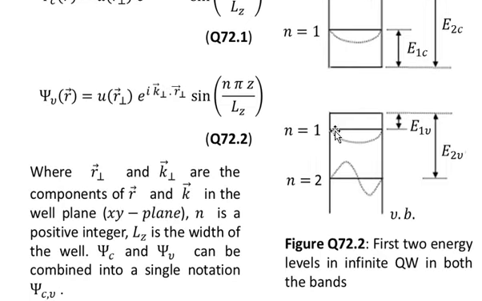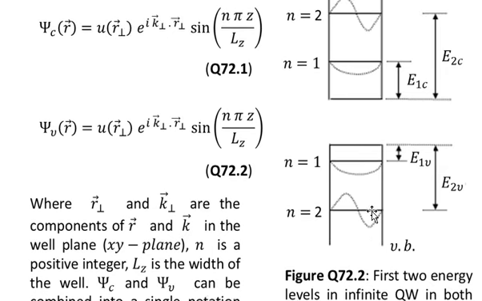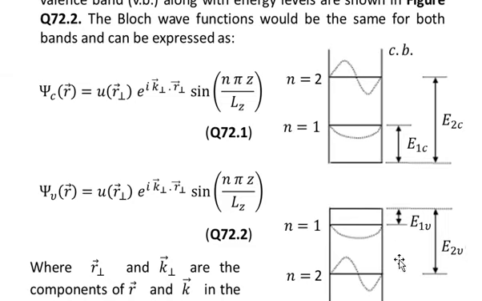Similarly for the valence band, half wavelength is fitting in the n is equal to 1 state, and one full wavelength is fitting in the n is equal to 2 state of the valence band. So I think that the description is complete as far as this figure is concerned.